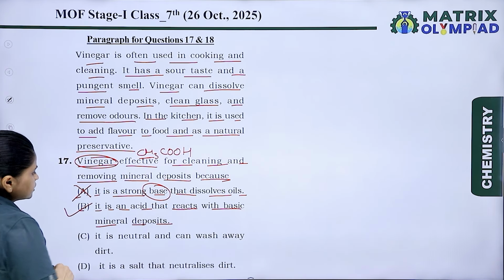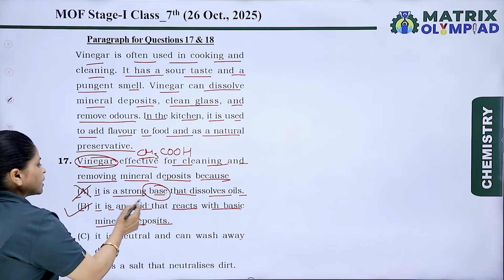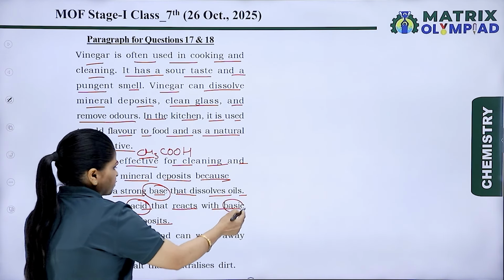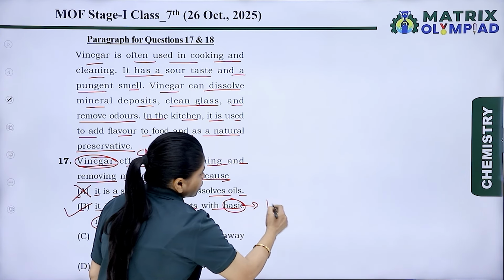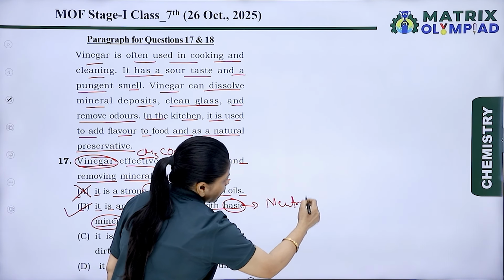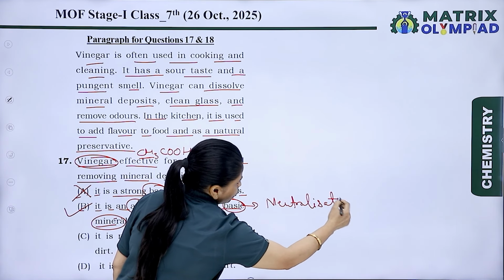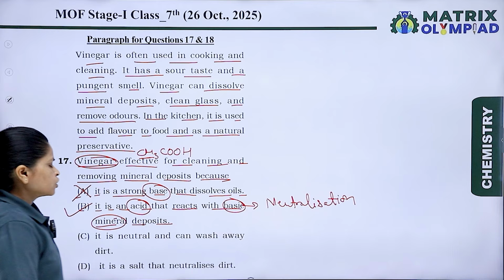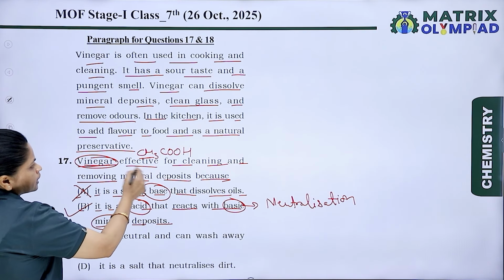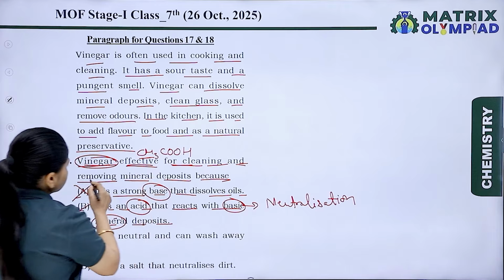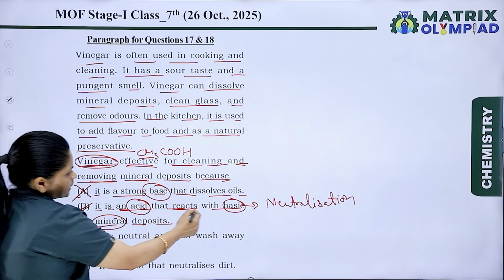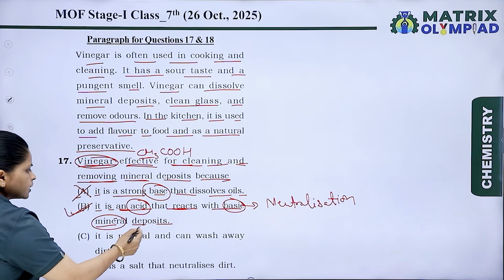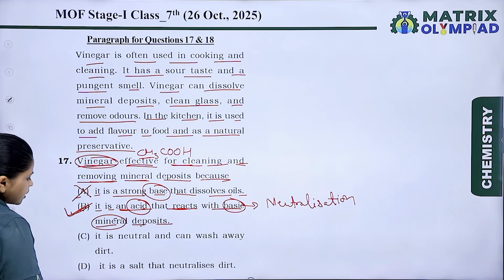Yes, this is true because when an acid reacts with basic minerals, it shows neutralization, and after neutralization salt and water are produced. So vinegar is effective for cleaning and removing mineral deposits because it is an acid that reacts with basic mineral deposits. It is the correct answer.